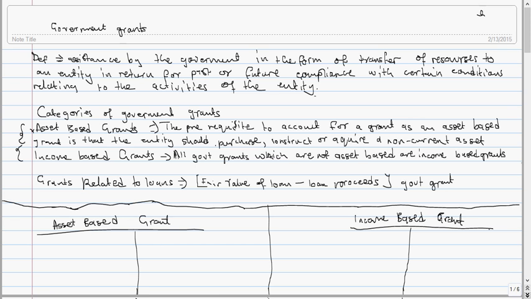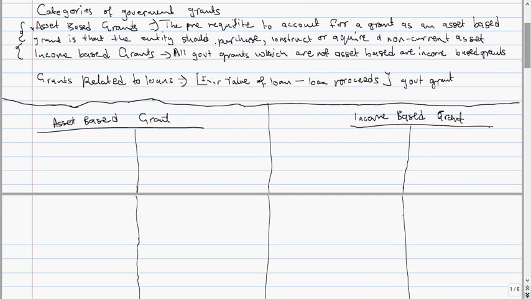Now we're going to talk about the accounting procedures that need to be taken if a grant is asset-based. So one way of treating an asset-based grant is that the grant is deducted in calculating the carrying amount of the asset.